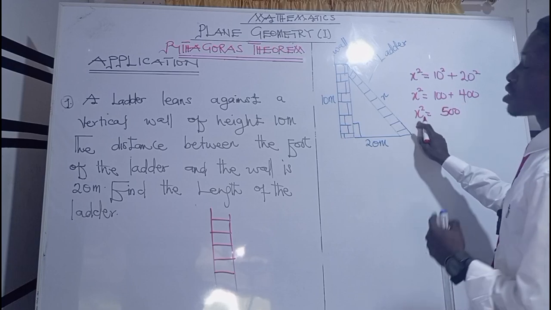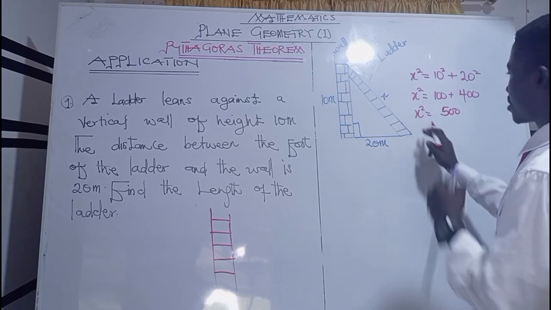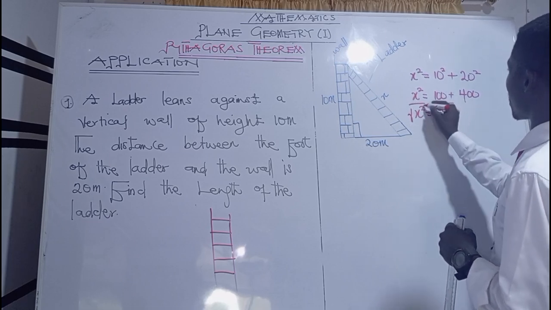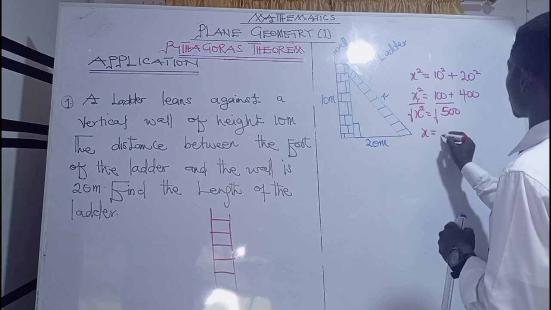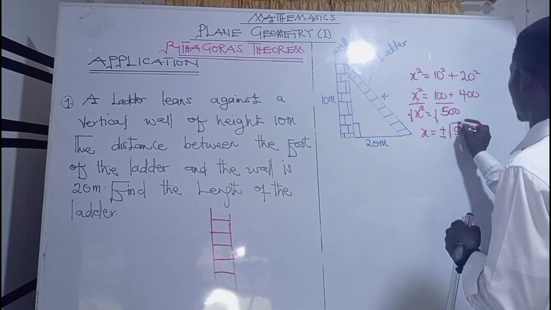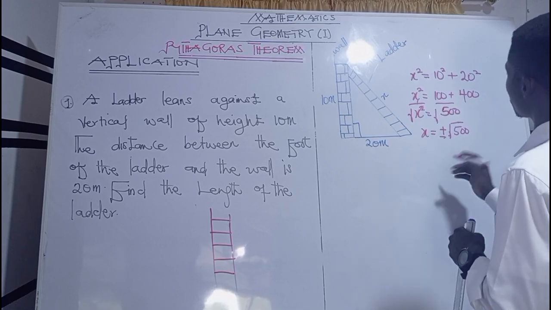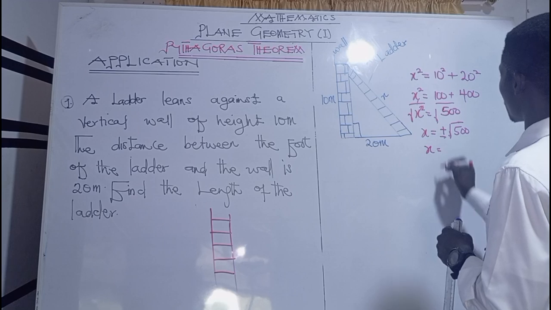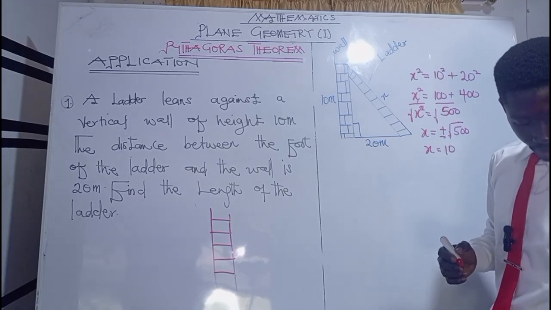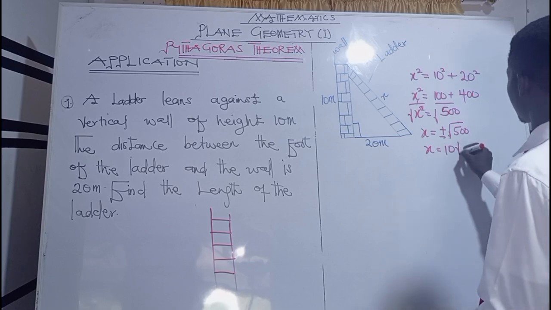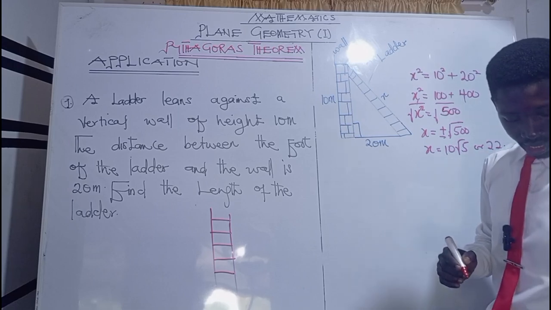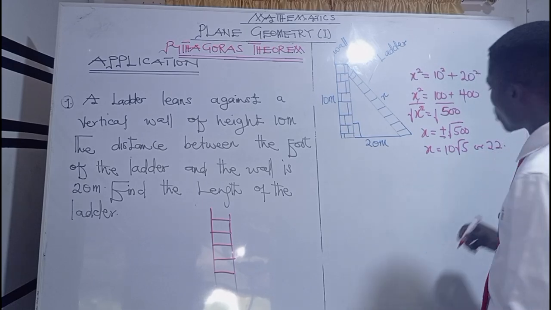We are looking for x, not x squared. So we take the square root on both sides so that this and that will go. We are left with x is equal to plus or minus root of 500. Now root of 500 is equal to, I think, 10 root 5 or 22.3.